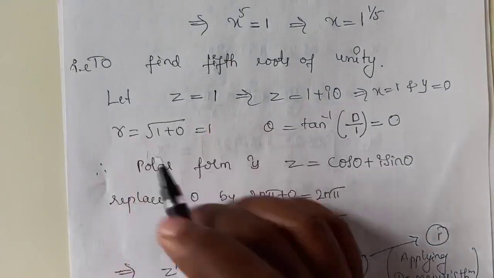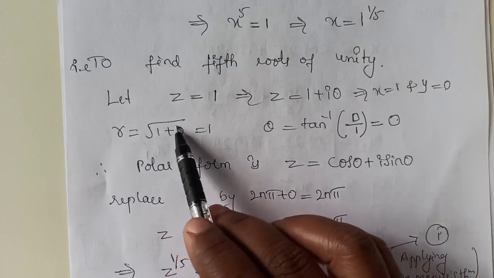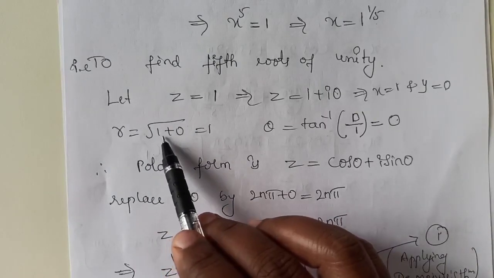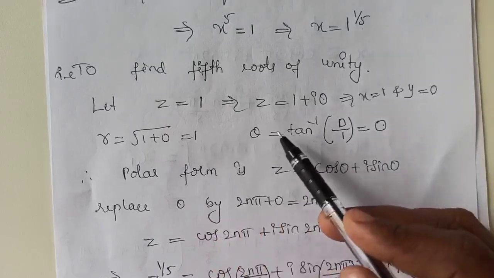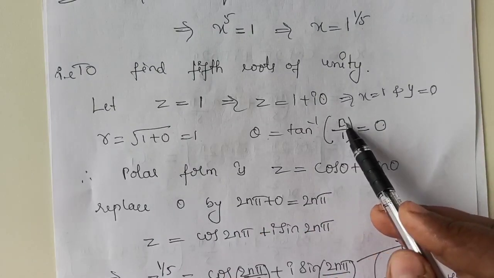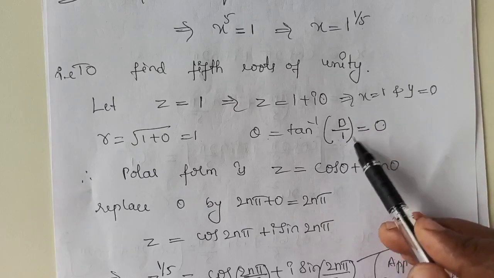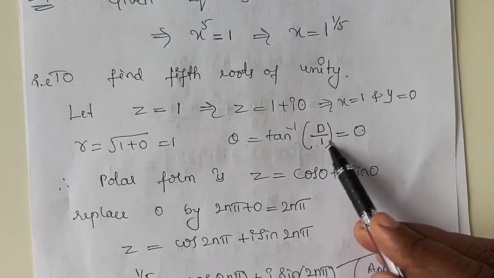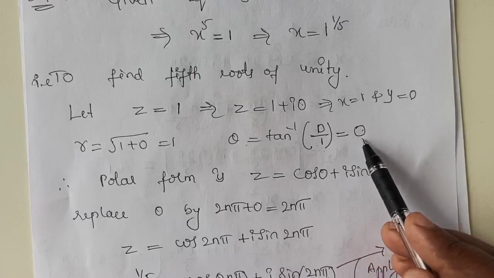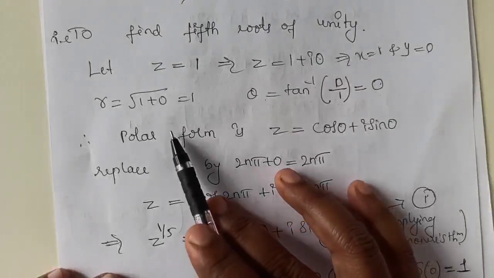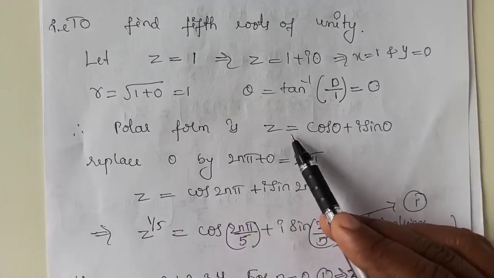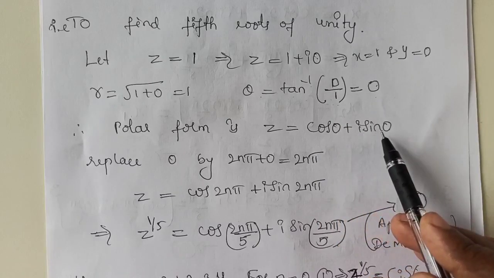So our modulus is equal to the square root of x square plus y square, that is 1 plus 0, equals 1, and theta equals tan inverse of y by x, that is 0 by 1, so we get tan inverse of 0, which equals 0 only. Therefore the polar form is z equals cos 0 plus i sin 0.